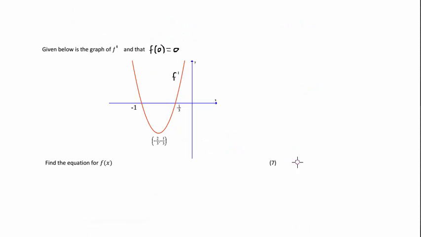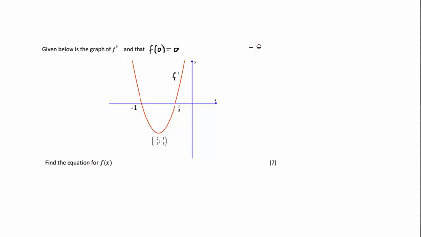In this question, what did they give us? They gave me the derivative, the gradient. This is a gradient, and they asked me to find the equation of the original.